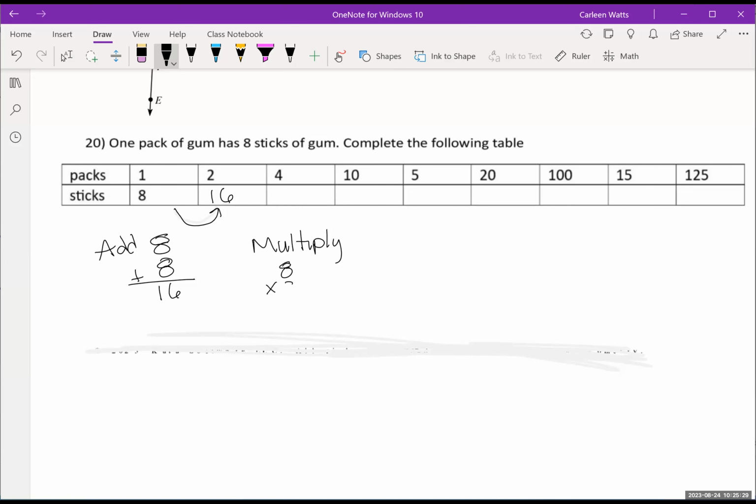8 times 2. Okay. Now, geometry is about justifying and proving things. And sometimes we may get an answer, but we may use multiple methods. Okay, so far? So let's see how many methods we can get for this one.